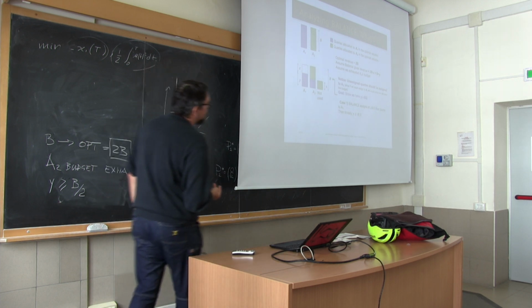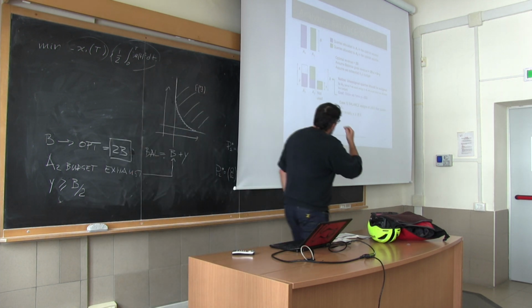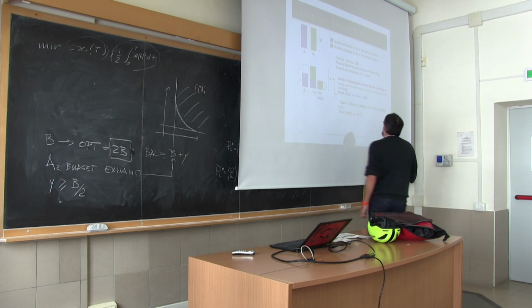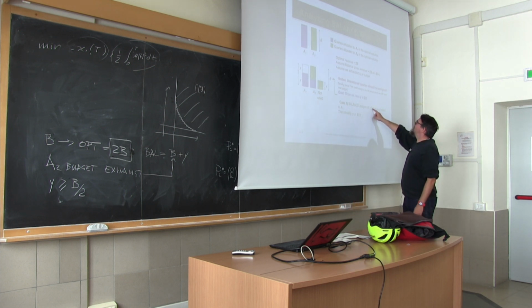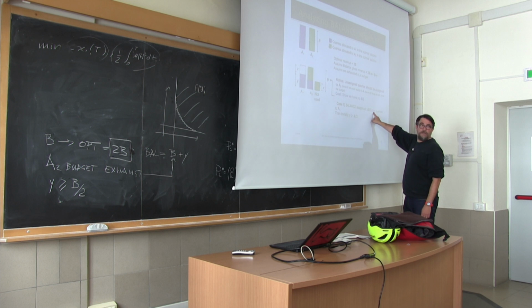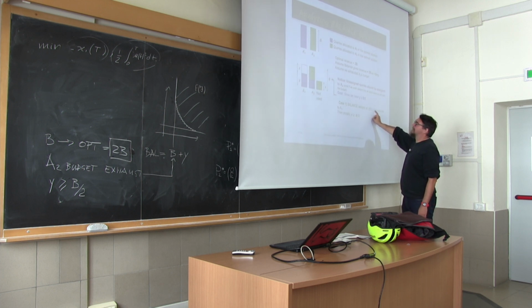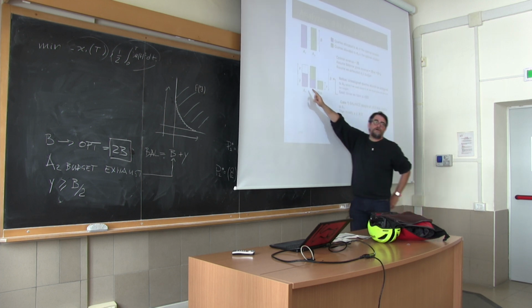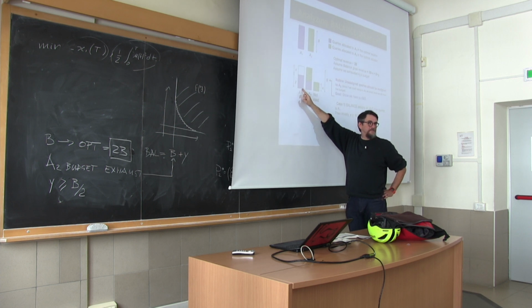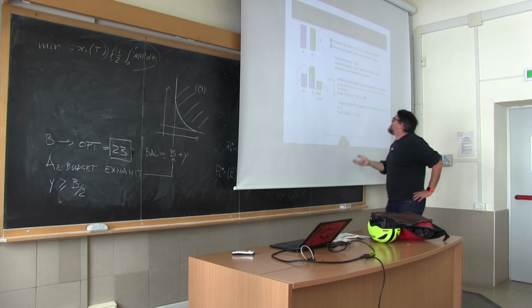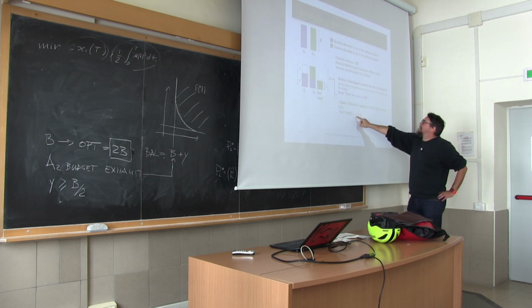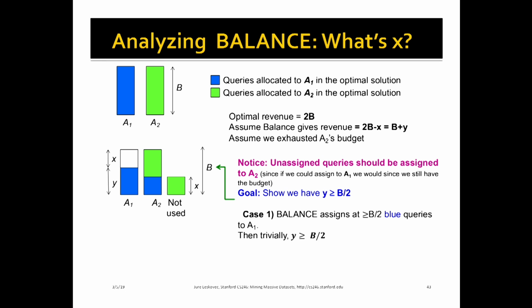We have basically two cases. Case number 1: more than B over 2 queries have been allocated to A1. If this is true, the fact that Y is greater or equal than B over 2 is trivial, because it's what you can see from the picture, right? So case 1 is trivial.